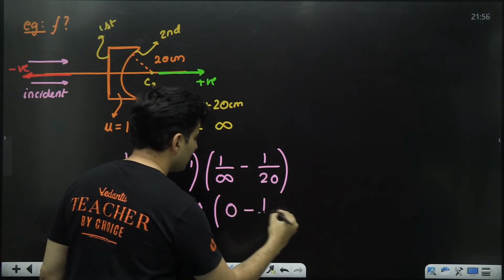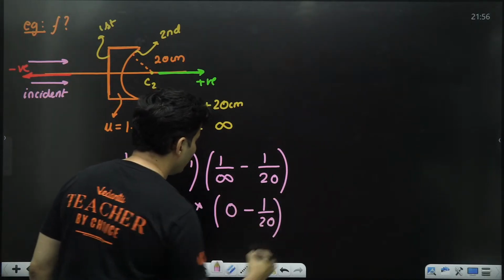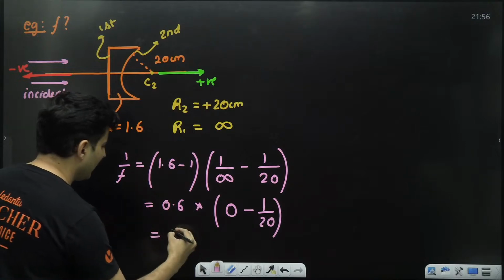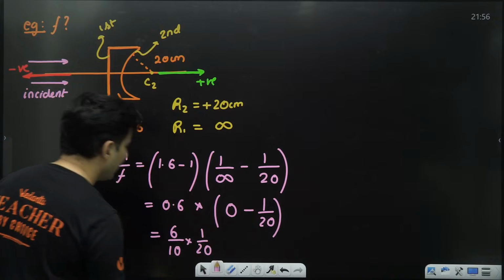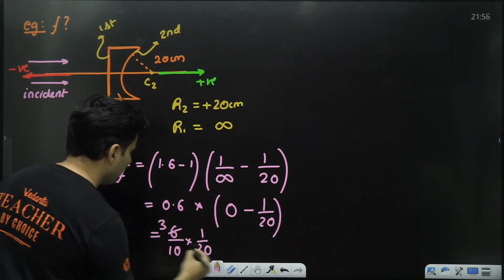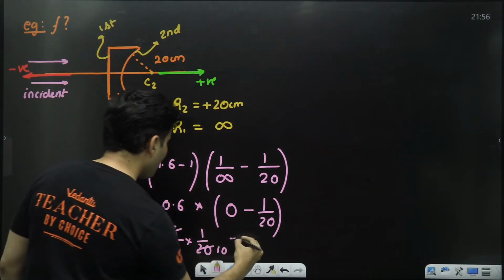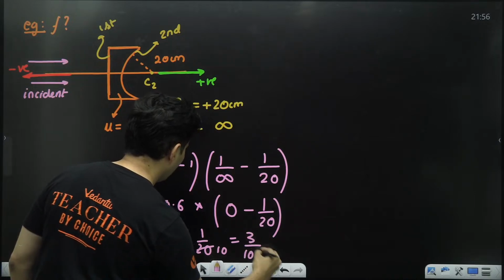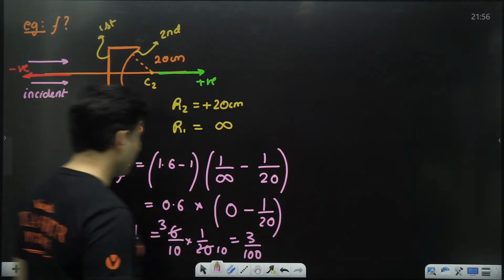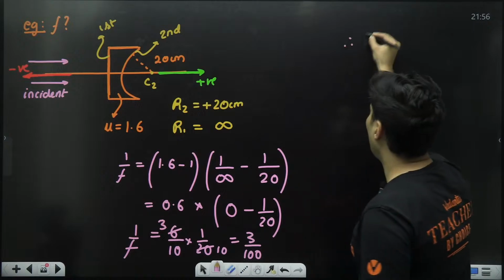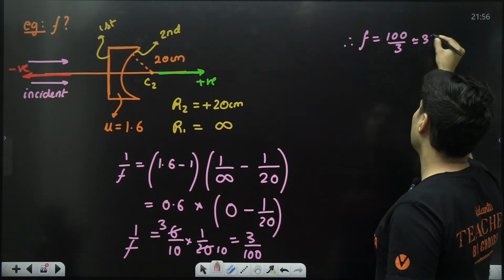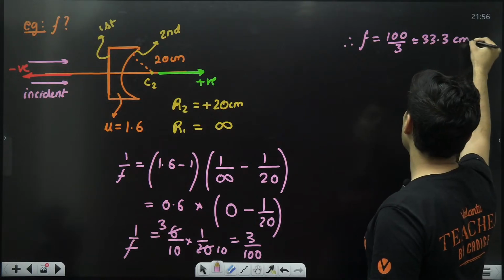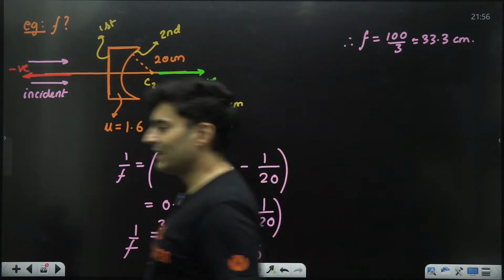So 1 by f is equal to 0.6 times 1 by 20. 0.6 is 6 by 10. Put 6 by 10 over here, and 1 by 20 over here. Cancel, 6 and 20 become 3 and 10, so this will become 3 by 100. So 1 by f is equal to 3 by 100. Therefore, f is equal to 100 by 3, which is 33.3 centimeters. Yes, that is the answer.